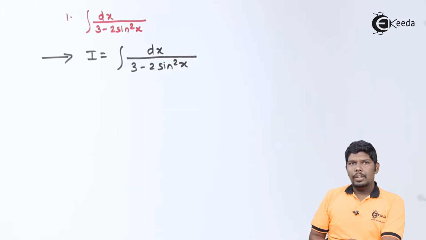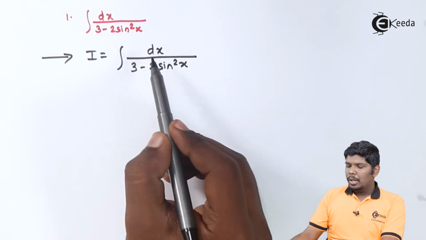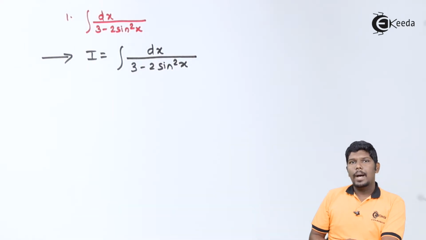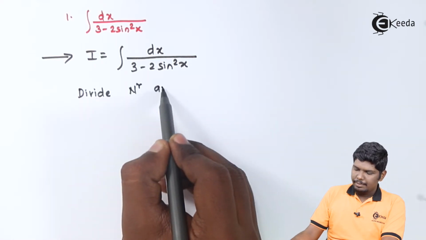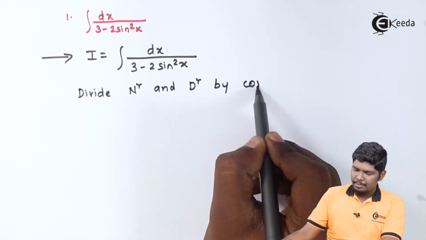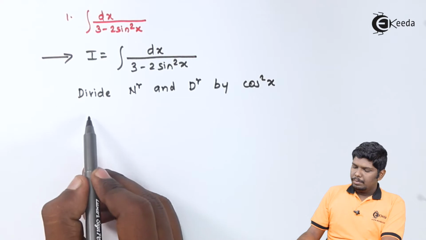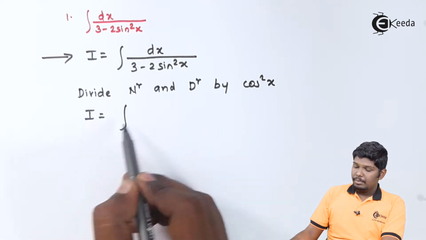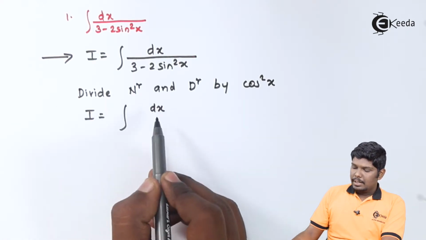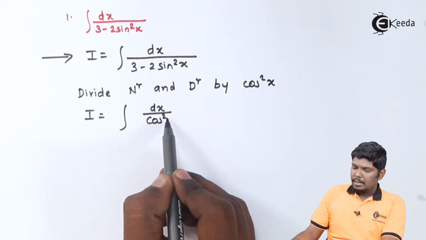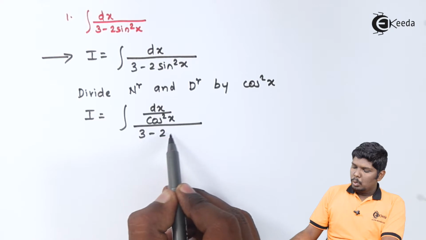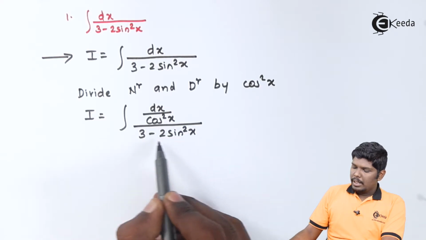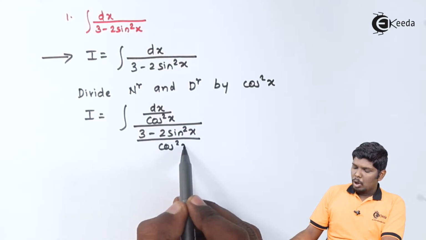Now let us start with the first step, that is we are going to divide numerator and denominator by cos square x. That will give you dx upon cos square x divided by 3 minus 2 sin square x upon cos square x.